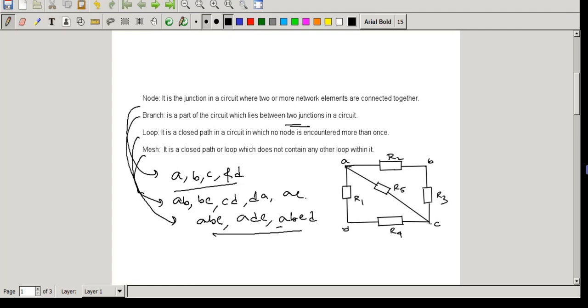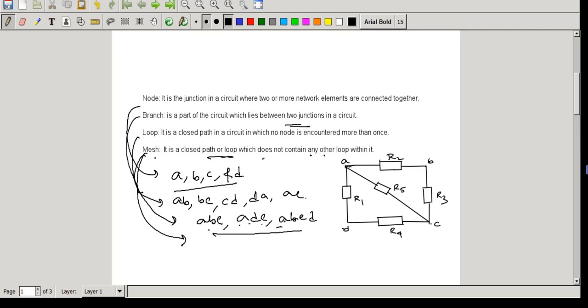Now next is the mesh. Mesh and loops are quite easy to identify if we know the definition. It is a closed path or loop which does not contain any other loop within it. Now you can see in the loops there are ABC, ADC, and also ABCD is a loop.